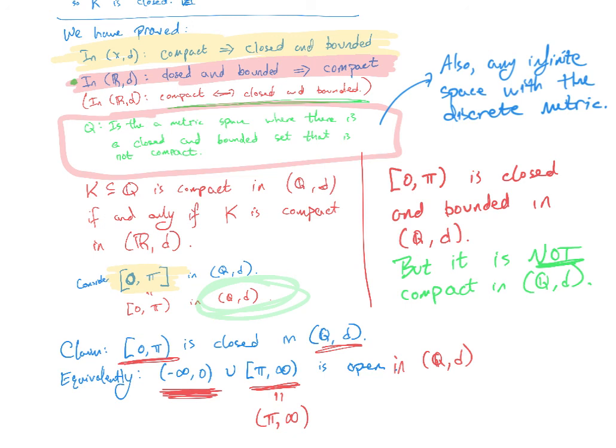Every set in the discrete metric is bounded, but it's not compact because we've talked about this before. Compactness in a discrete metric space is the same as finiteness. And we've assumed that this space is infinite.